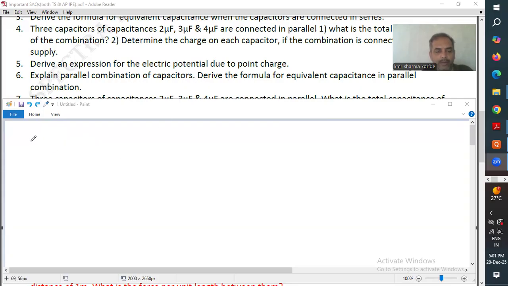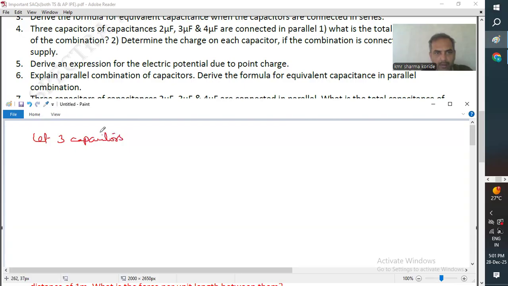So in a parallel combination of capacitors, first you take 3 capacitors of capacitances C1, C2, C3 connected as shown.